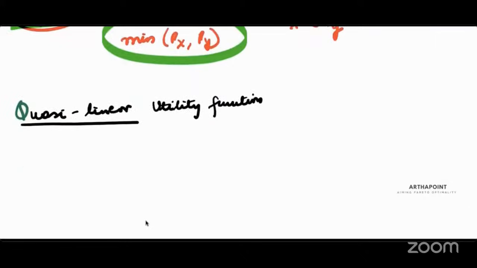So, quasi actually means partial, half, near to linear. So, a quasi-linear utility function has two parts to it. One part is where we have the linear aspect, and the other part is where we have the non-linear aspect. So one of the goods that we have is linear, and the other good is non-linear.